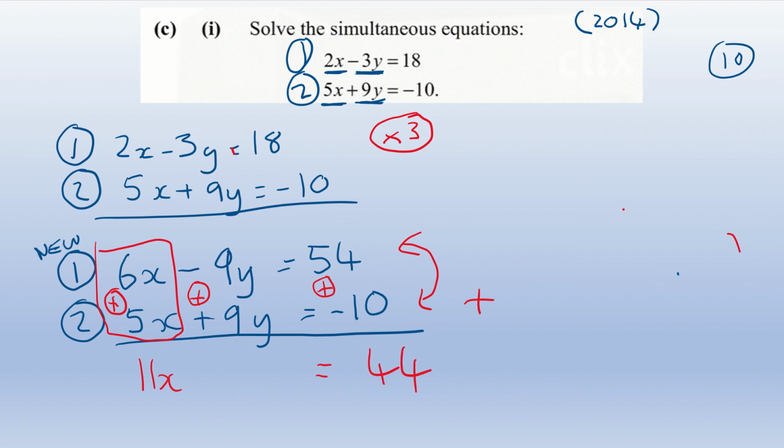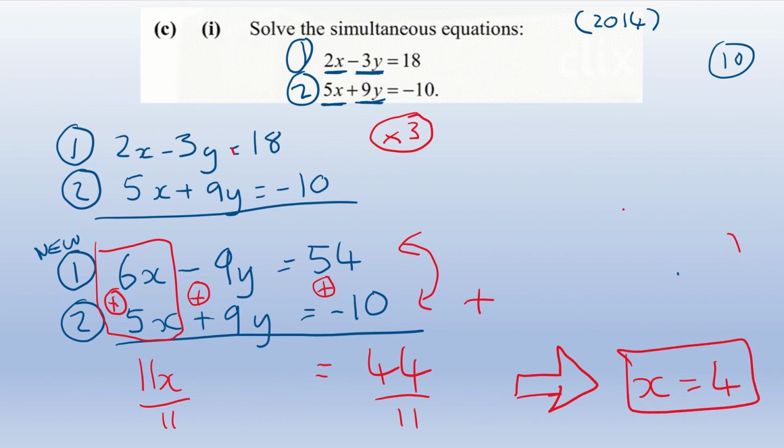What we end up with now is that 11x is equal to 44. We don't want 11x, we just want x on its own. So I'm going to divide this side by 11 and this side by 11, and you will be left with your answer, which is x is equal to 44 divided by 11, which is 4.